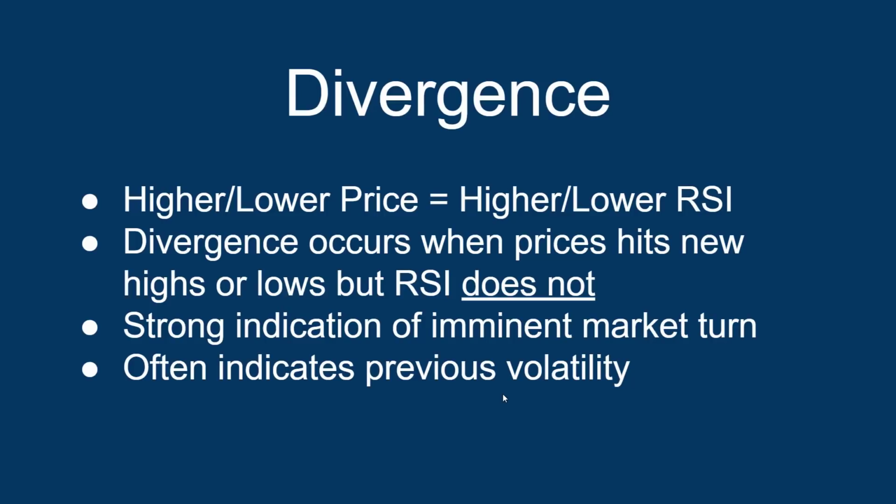Now we're going to get into some of the fun that we can have with RSI. So we know that a higher and lower price generally means a higher and lower RSI. That higher and lower price meaning the deviations away from the norm. Now, divergence occurs when the new prices that we are watching, our new higher highs and our higher lows, continue to climb, but the RSI doesn't continue to have higher highs on its own index.